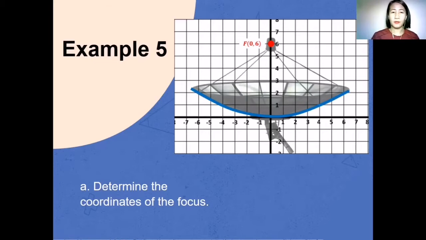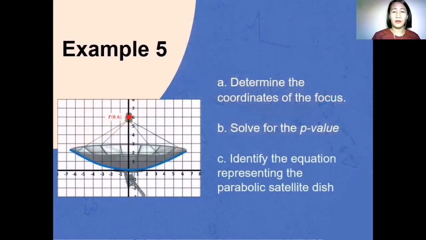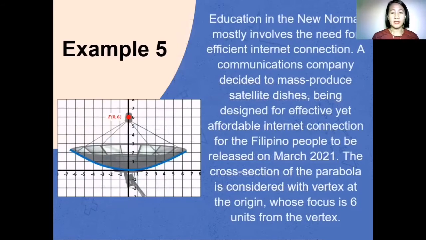Now, going back to the problem, I would just like to emphasize this. It says that the focus is 6 units from the vertex. Since it is 6 units from the vertex, then from the origin, you just have to count 6 units.